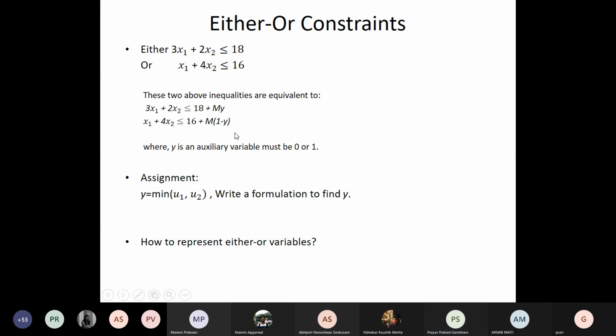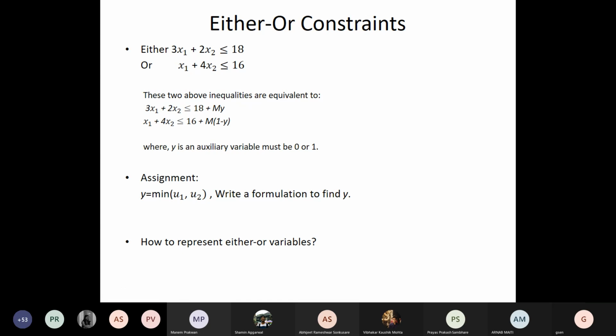And what happens to the other one? When y equals 1, it becomes 0, so it becomes x1 plus 4x2 less than or equal to 16, which is this constraint. Which means that this is now enforceable. So you see, when y equals 1, the second constraint is enforceable, while the first constraint vanishes.